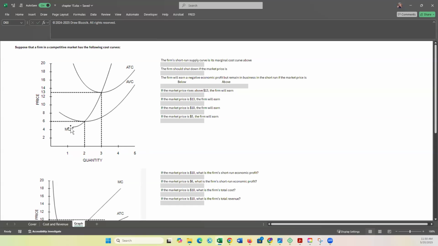Marginal is the additional cost for the additional unit. Let me explain for a minute. Here's the price or the cost on the y-axis, and the marginal is below the average. If the additional unit costs less than the average, the average is going down, right? If you're an 80% free throw shooter and you miss free throws, your average is going down. The additional free throw is your marginal, and the average is overall.